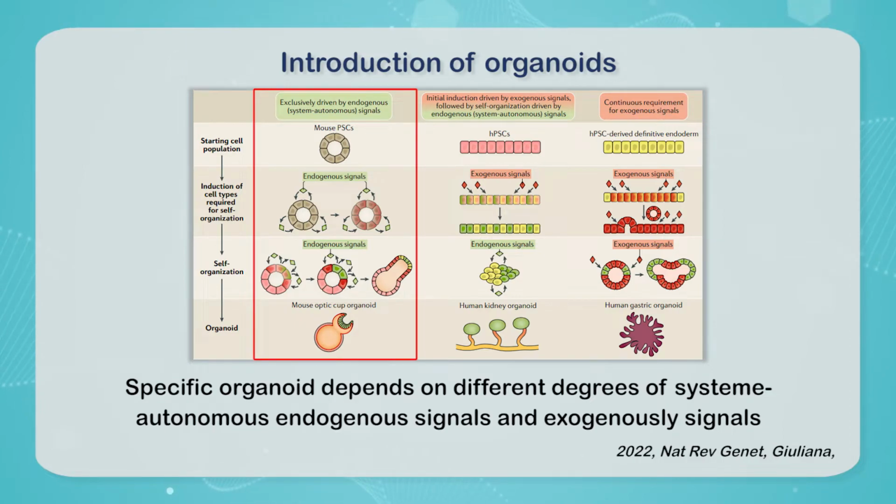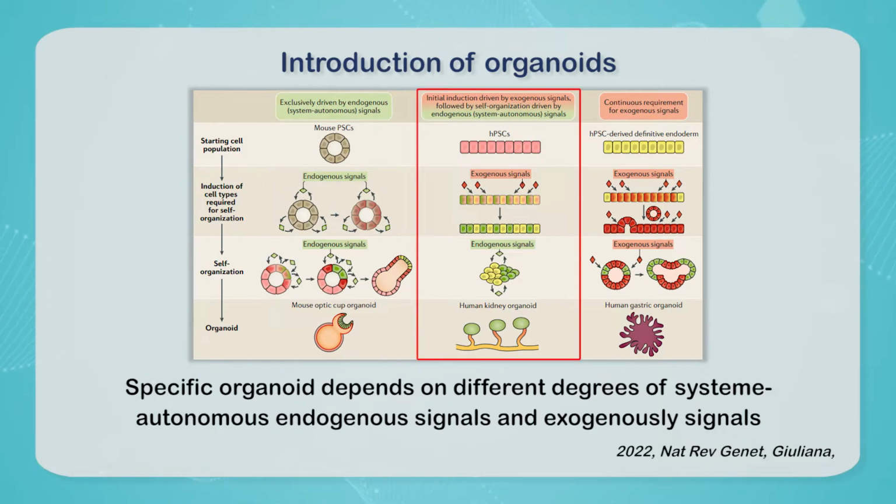Mouse optic cup formation depends largely on endogenous signals, like the left. Derivation of kidney organoids initially relies on exogenous signals that induce the ureteric epithelium and the metanephric mesenchyme from human PSC. Subsequent self-organization steps rely on endogenous signals, like the center.